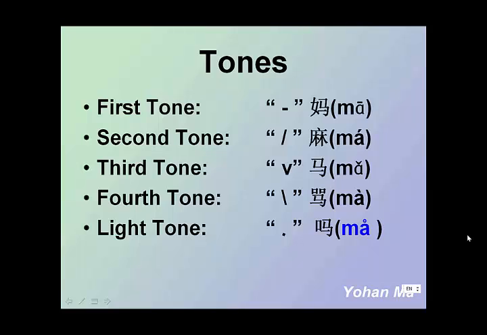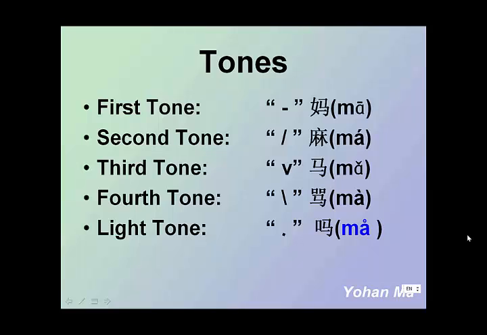However, the second tone, you will notice, starts from the lower left corner up to the upper right corner. That symbol is above the A, so it should be pronounced ma, starting from low to high. The third tone is a check mark, coming down first and then going up later.